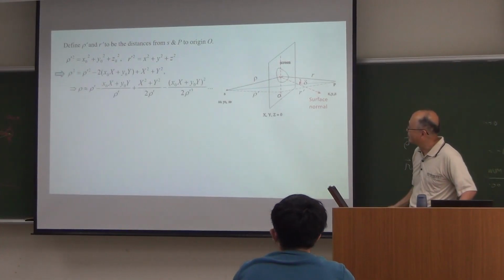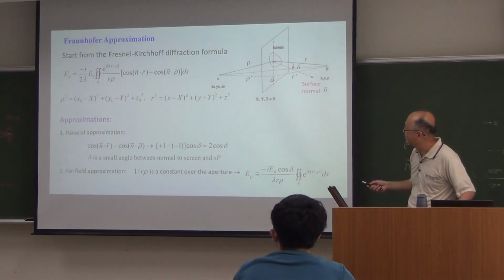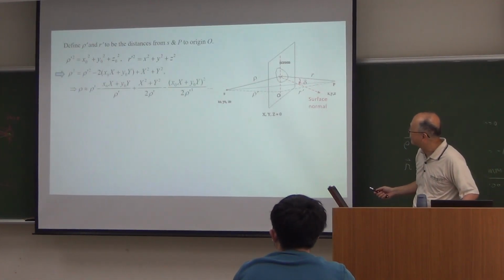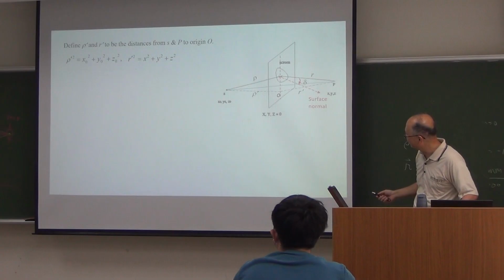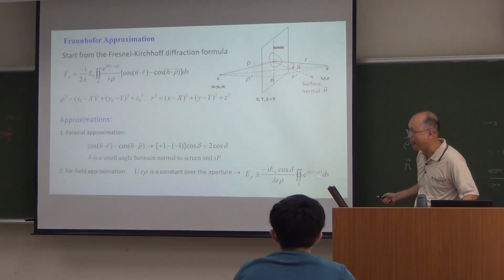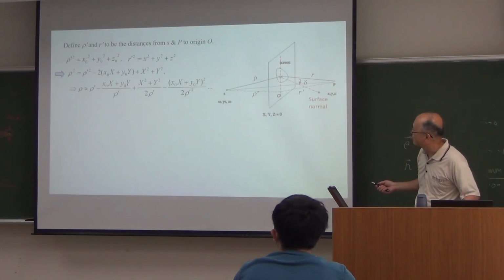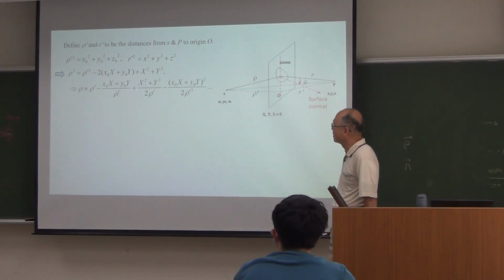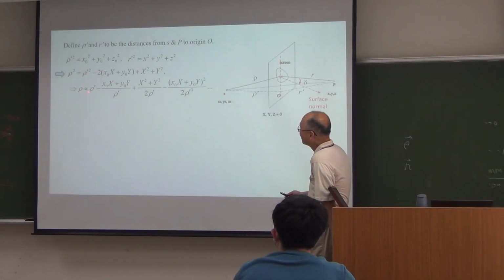Now it's time to put this and this into the phase term. We basically want to do this calculation, so we need to figure out this R and rho relative to the origin. Let's do it. You start to do a Taylor expansion.